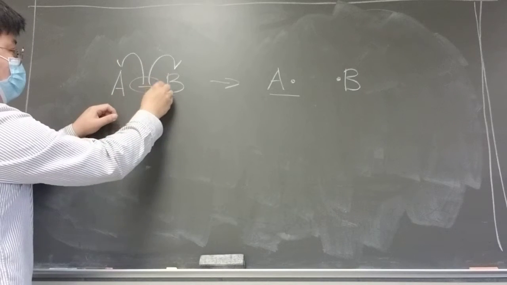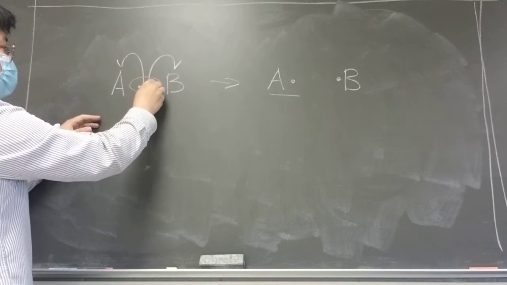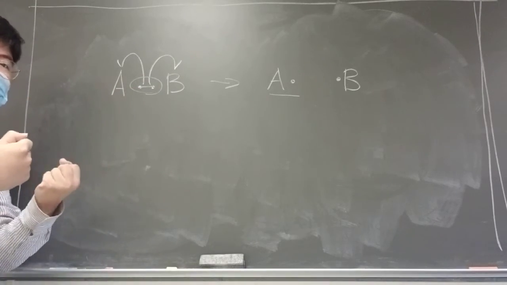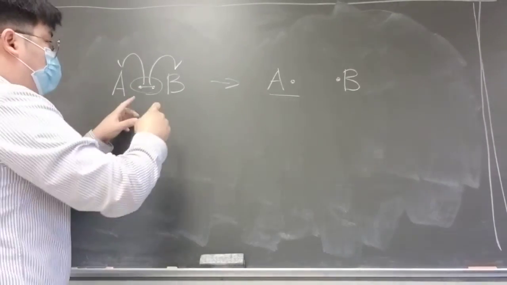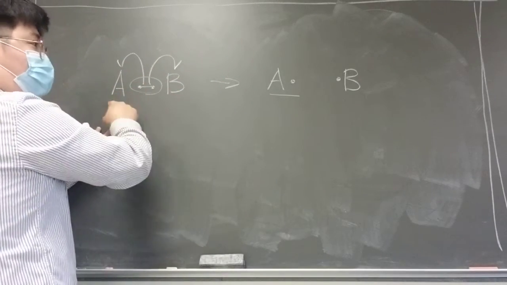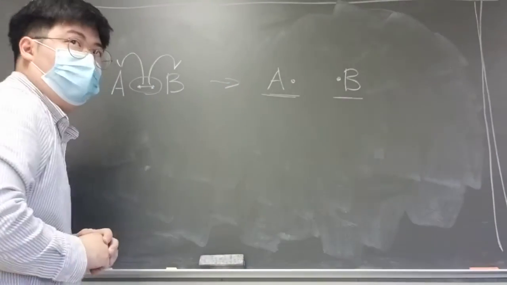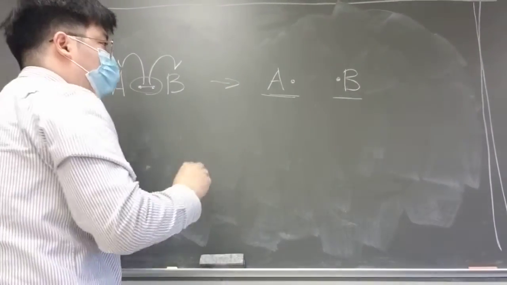If you look at the single bond here, it's just a small space where you can see a pair of electrons, so they can hold each other with these covalent bonds. But when they break apart, they just take one electron each, A and B. So we call this radical reactions.